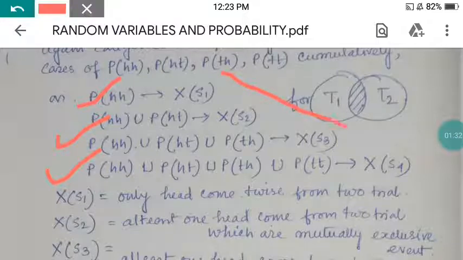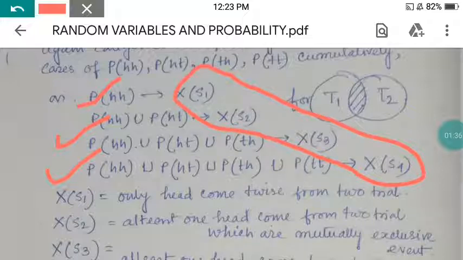So here these four values I have taken in a different way. One case where you have considered only one event, that is head, head, no tail, that is P of HH. So you are tossing twice and each time you are getting head. So this particular event is capital X of S1.